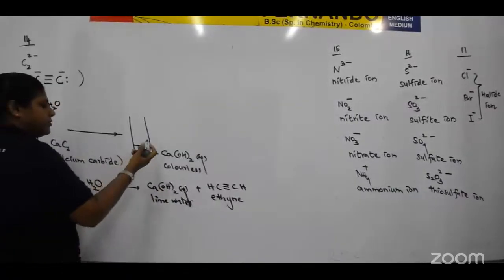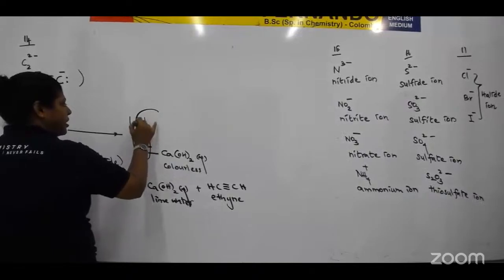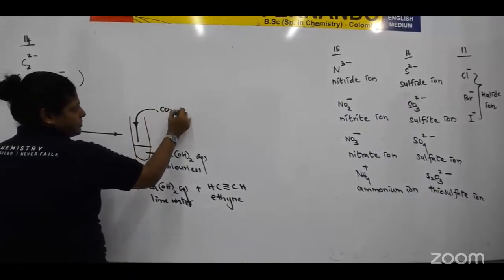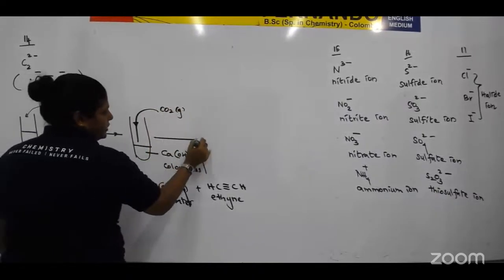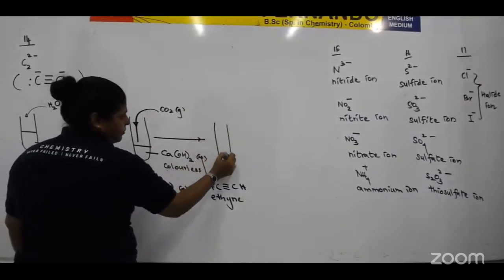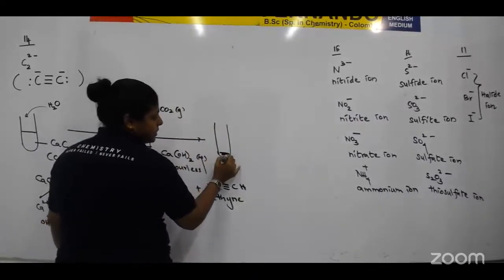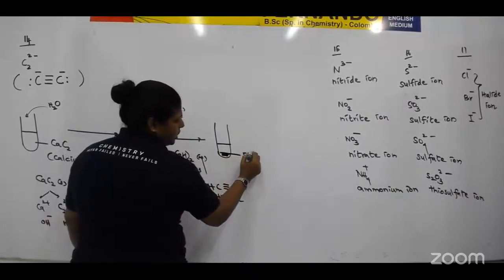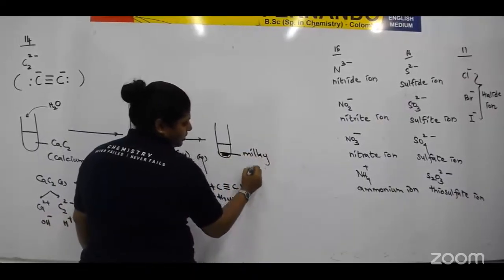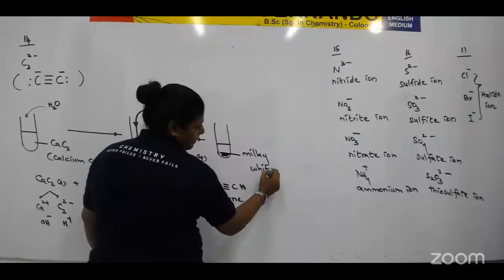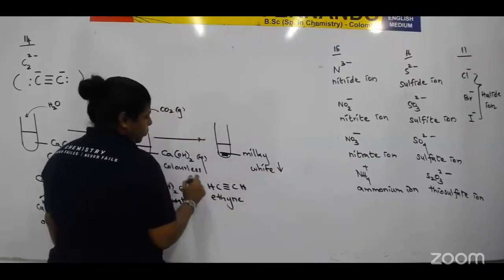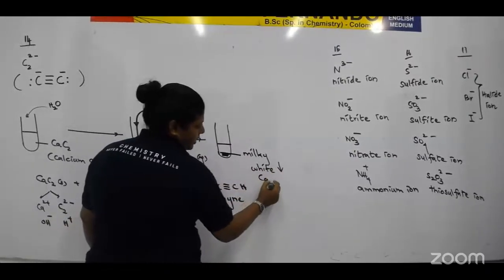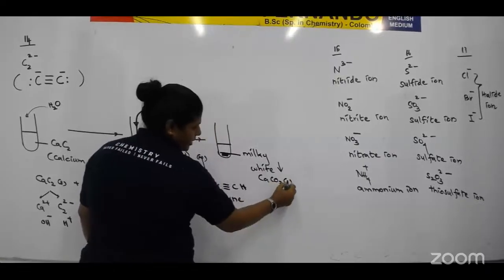Then you can add carbon dioxide gas. The first observation will be a white precipitate. Actually, this one we call milky white precipitate. What is the formation? Calcium carbonate.